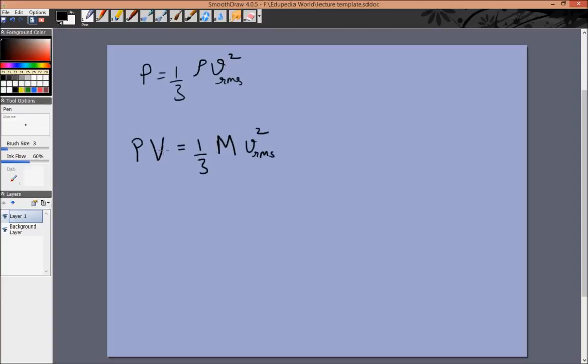PV can also be written as 1/3 M, where M is the total mass. It can be written in a number of ways: mass of one particle times number of particles, or mass of 1 mole times number of moles. So all of these are equivalent. The only difference is we multiply the mass of 1 by the number of 1, where 1 can be 1 particle or 1 mole or the actual mass of the gas.